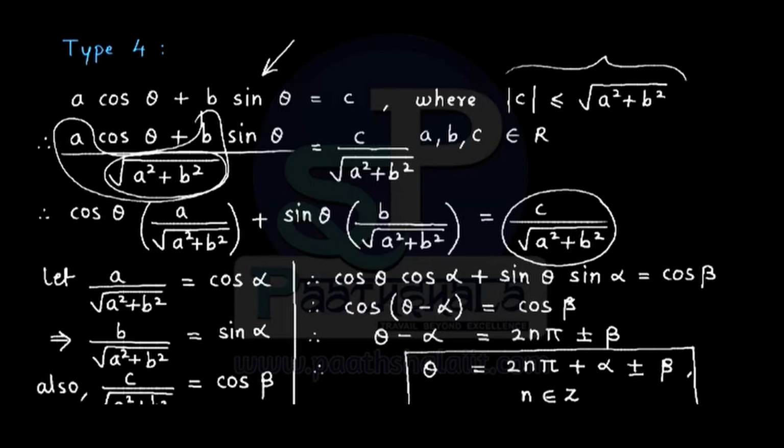Alright, now let us solve one example based on this last type. Find general solution of cos theta minus root 3 sin theta equal to 1. So if we recollect, it is of the fourth type, that is a cos theta plus b sin theta equal to c. Now to solve this particular equation, we follow the same steps as we did while deriving the general solution.